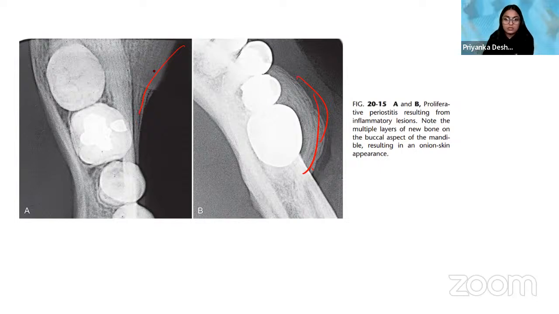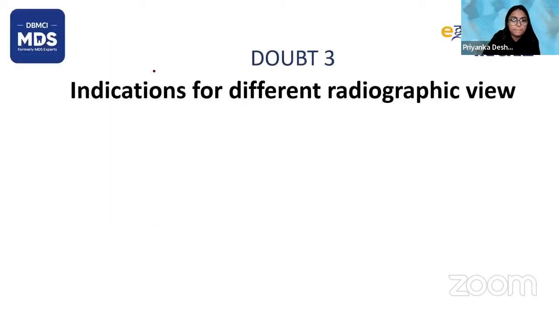So this was the second doubt which was asked. The third doubt we have is indications for different radiographic views. Okay, indications for different radiographic views. This is, you can say, a most commonly asked question.